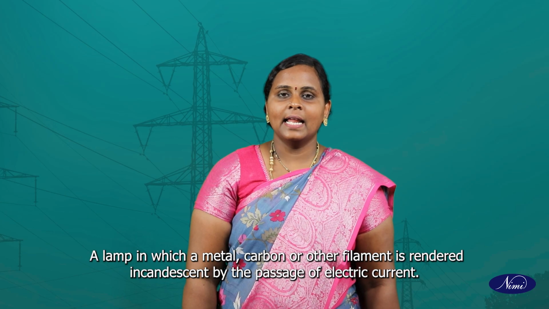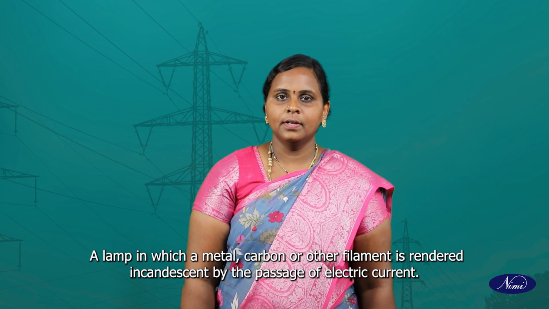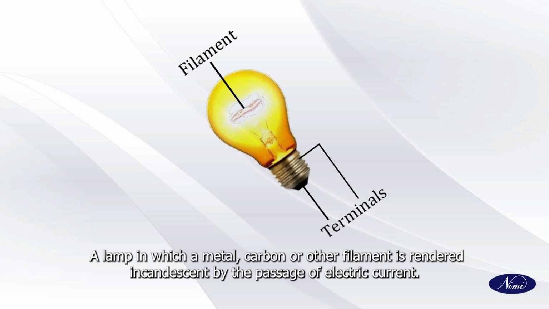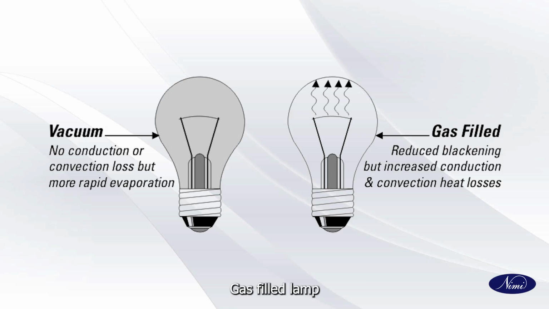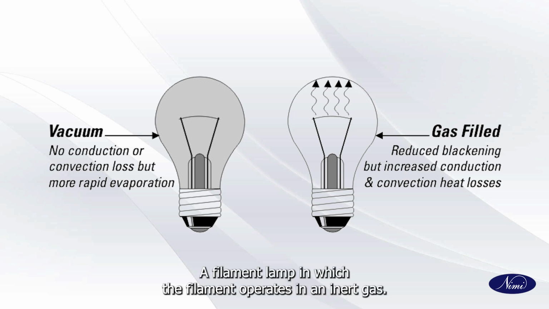Filament lamp: a lamp in which a metal, carbon or other filament is rendered incandescent by the passage of an electric current. Vacuum lamp: a filament lamp in which the filament operates in a vacuum. Gas filled lamp: a filament lamp in which the filament operates in an inert gas.